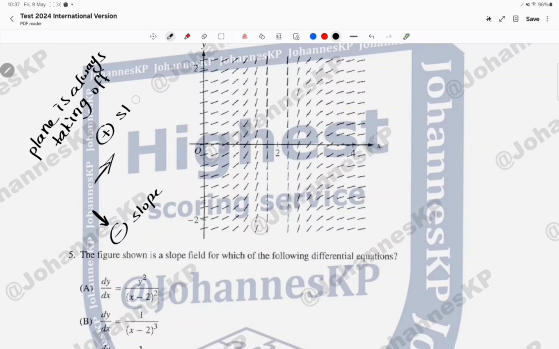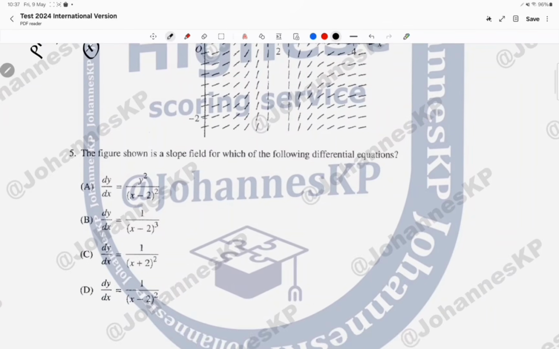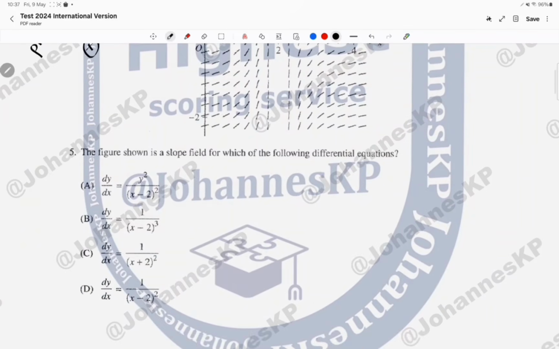So that means that you must always have a positive slope. So with a positive slope, the best thing to look at is the square powers, because a square is always positive, correct? Yes. So A is possible, B is not possible, C is possible, and D is possible.